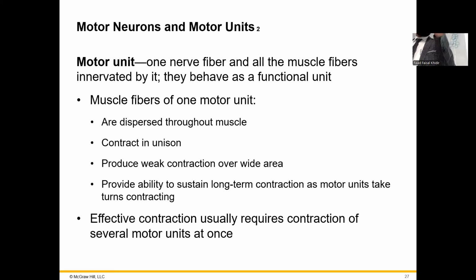Because in the fingertip, you have one nerve innervating 3 to 4 fibers, but in the back, you have one nerve innervating 1,000 fibers. So when you have one professor teaching 1,000 students versus one professor teaching 10 students, what's the specificity level? The fewer students per professor, the more learning. Same thing: the fewer muscle fibers per nerve, the finer the tactile reception will be. You understand? Is that concept clear?